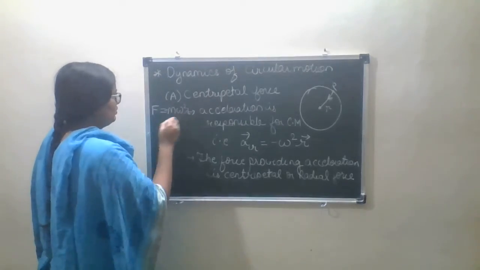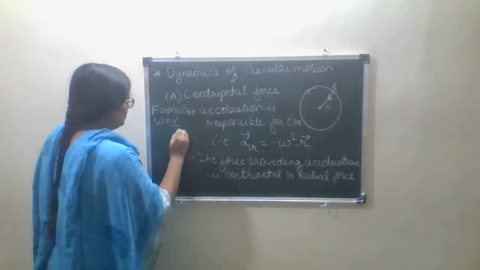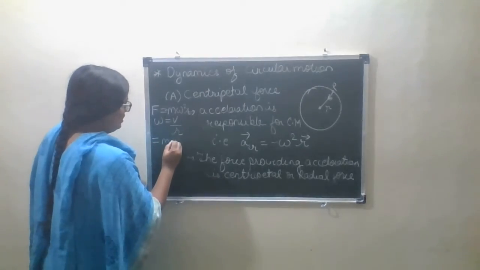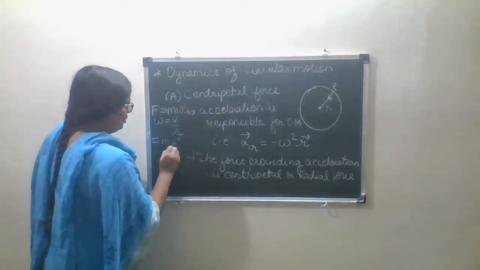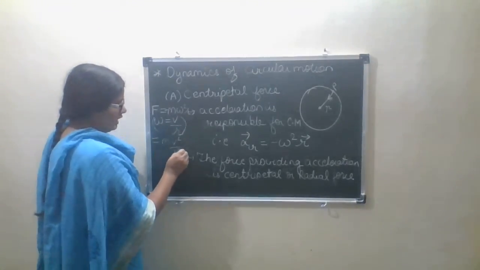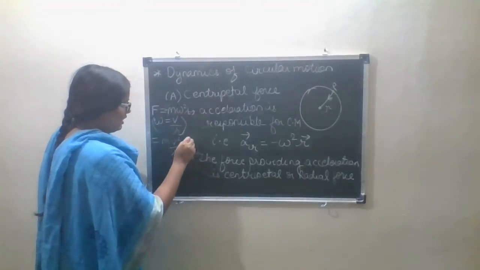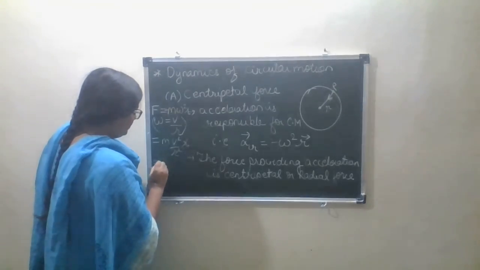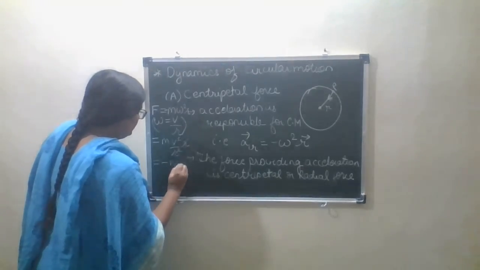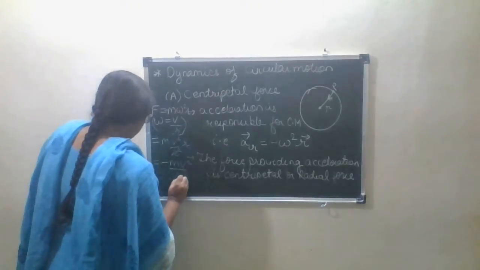Then substituting the value of omega, as usual, omega is equal to v upon r. Then it will become m as it is, times v square upon r square, and this r and this r get cancelled, and we will get minus m v square upon r.